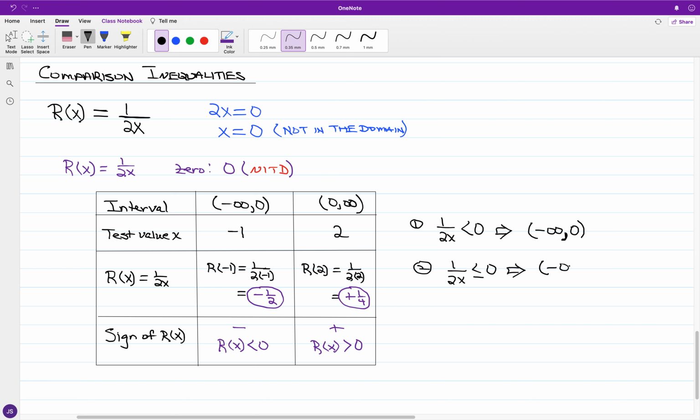So you're still looking at negative infinity. Infinities are boundless, so negative infinity stays in the parenthesis. But now for 0, there's the temptation to put a bracket around 0. But guess what? 0 is not in the domain. So that's going to stay in the parentheses. I'm going to put the red, like referencing not in the domain.